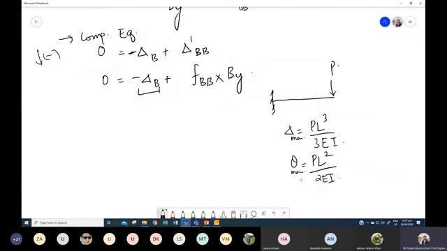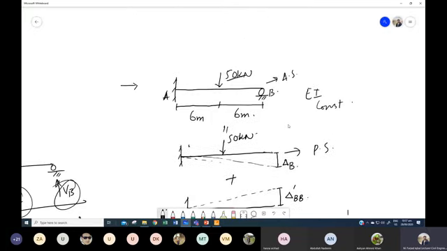This deflection or theta maximum is the deflection at the point under the point load. In our case, the load is acting at the center, and the deflection at center, let's call this point C, is what we consider.